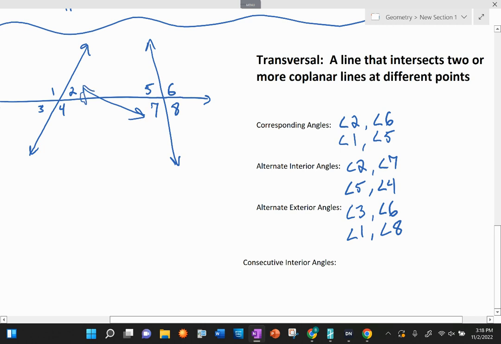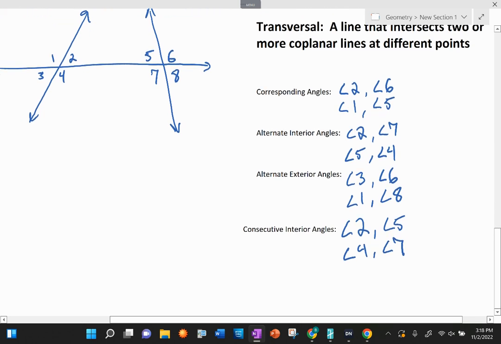We're looking consecutive, so it's going to be 2 and 5. Okay, 2 and 5 are going to be consecutives. So what else would be in consecutive interior? Angle 4, angle 7.